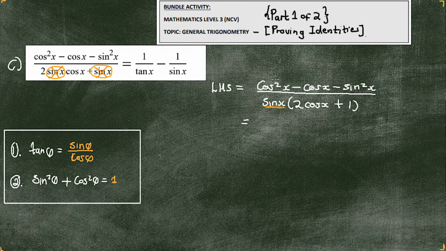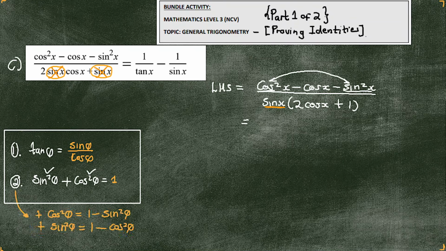Someone might be thinking, hey, can't I take the cos x and the sine x and combine them to give me a 1? No, because the cos is positive yet the sine is negative, and both of them should be positive. So in this instance, here's what we can do. Actually use these identities.